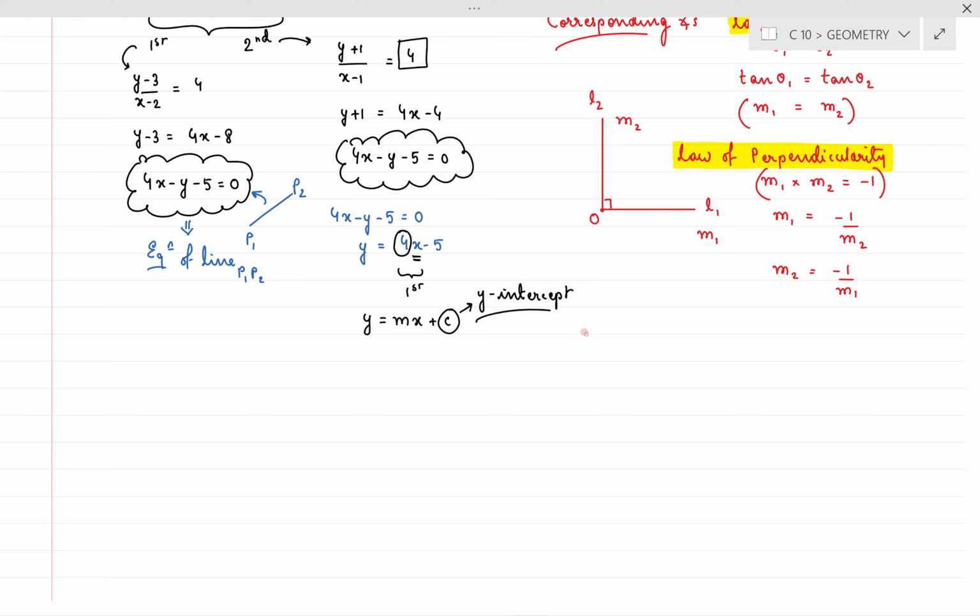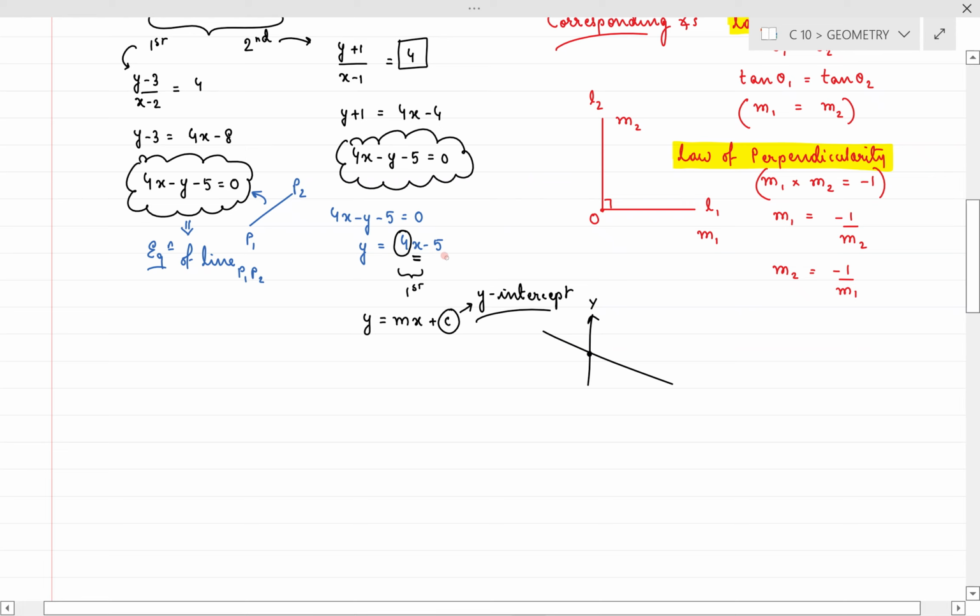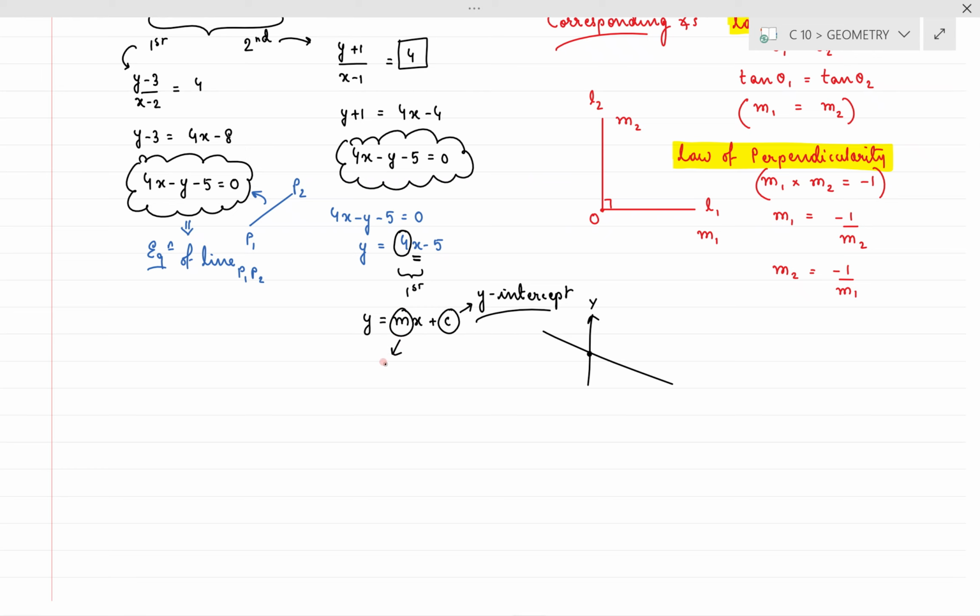Y intercept means the point at which the line cuts the y axis. This is y axis, so this line must be cutting the y axis at minus 5. Now the coefficient of x, on comparing, is 4, so the slope is 4.